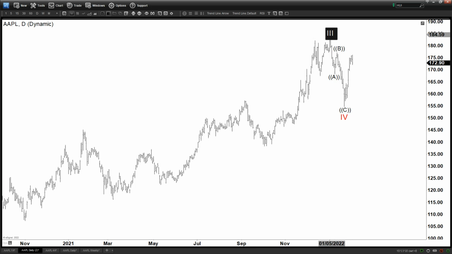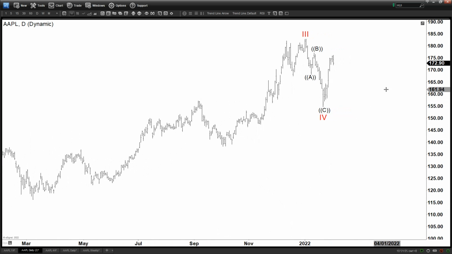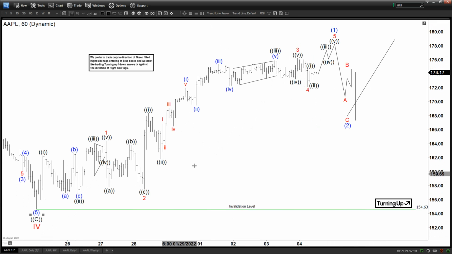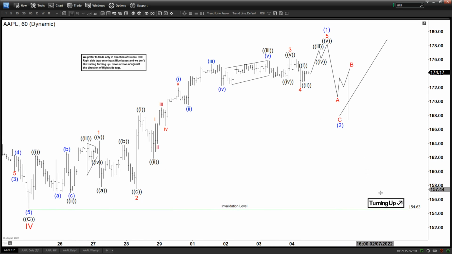Now let's take a look at a couple of things here. When we look at the daily, what can we observe? Well, what we can observe so far is the following. First of all, you can see the arrow is only turning up in black instead of green. What that means is in the shorter cycle, in the 60 minutes, we still do not have a confirmed bullish sequence, right?